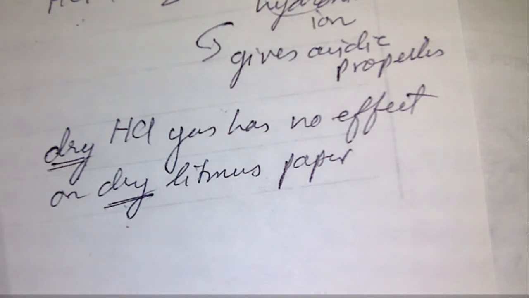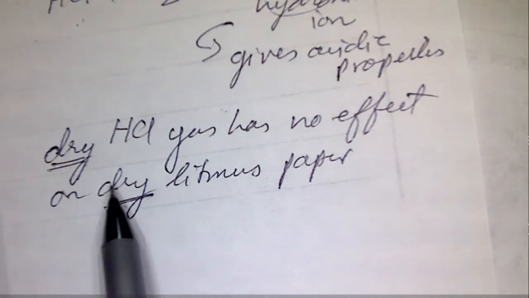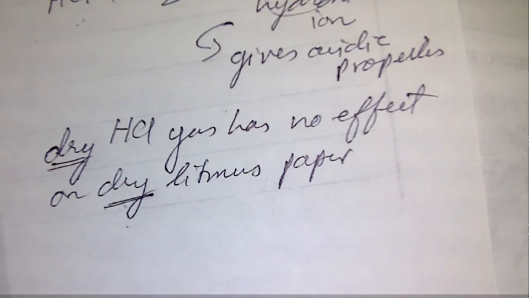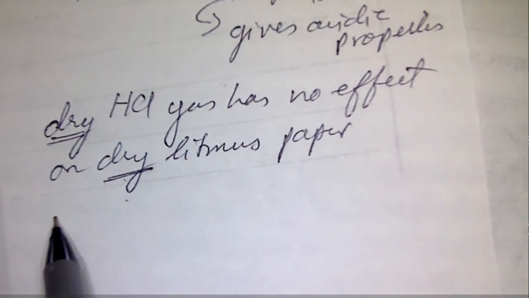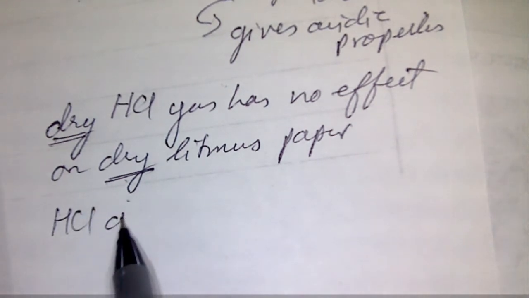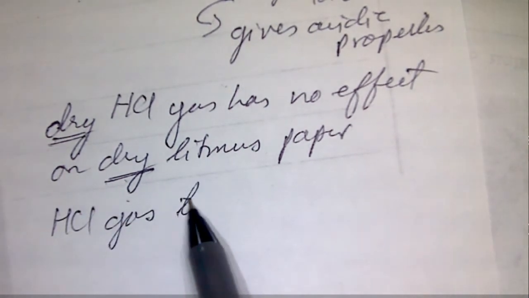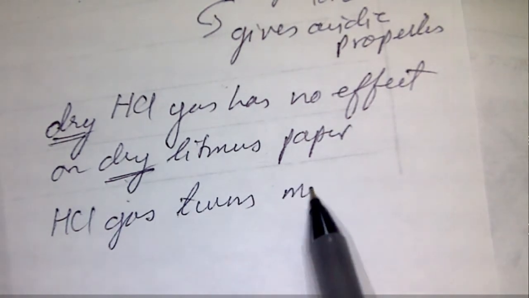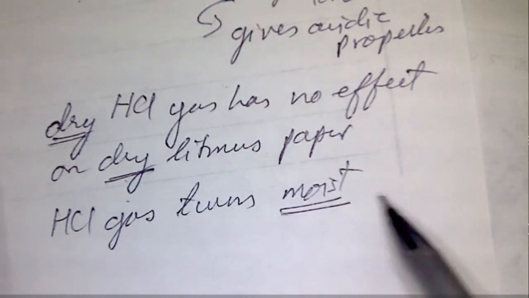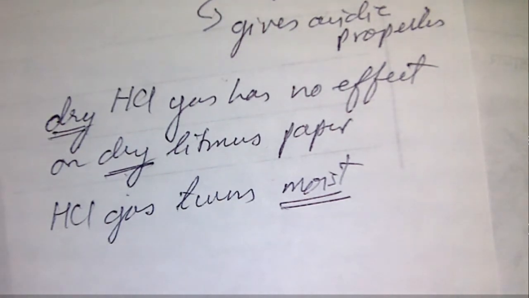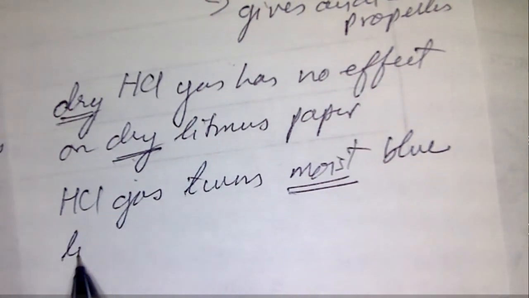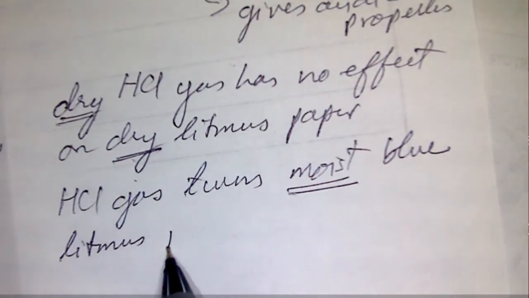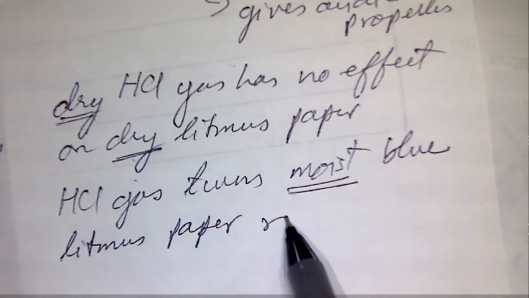So for that, what happens? If I want to see the effect on litmus, I have to have a moist litmus paper. Clear? So HCl, suppose I take gas, turns moist, remember, moisture is a must, moist blue litmus paper red.